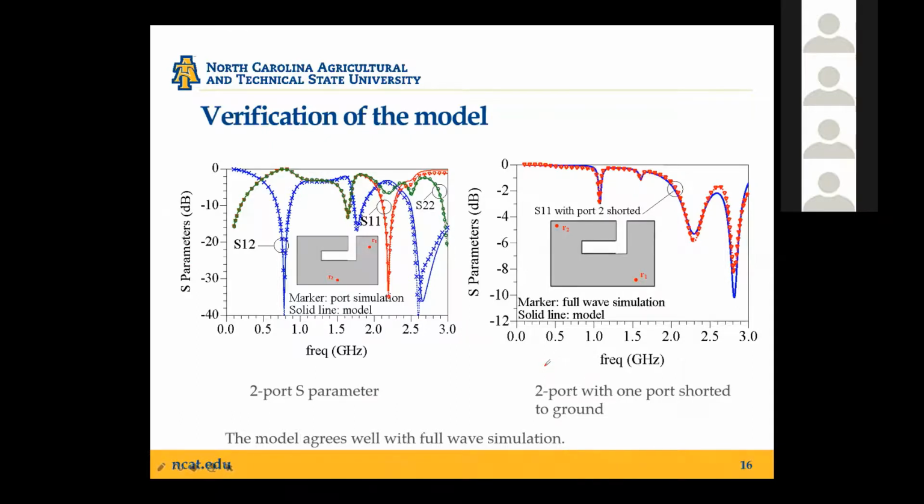What I did here is, I first modeled 2 ports and calculated the 2-port S parameters. And then I shorted one of the ports. You can consider that as a loading, essentially. By loading the other end, now you just have a single port. And it turns out the response is pretty close to the full wave simulation result as well.